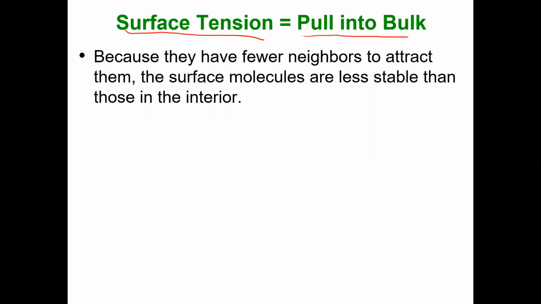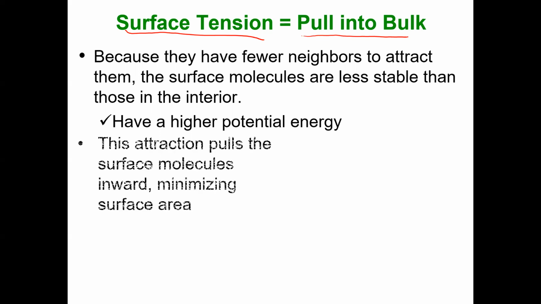So the surface molecules, as a result, have fewer intermolecular forces or attractions because each one only has neighbors to the side and below it. So it's not as stable, it has a higher potential energy, and it wants to have a lower potential energy.